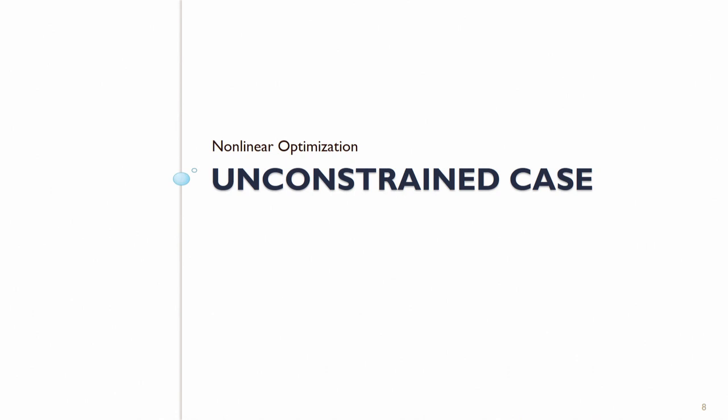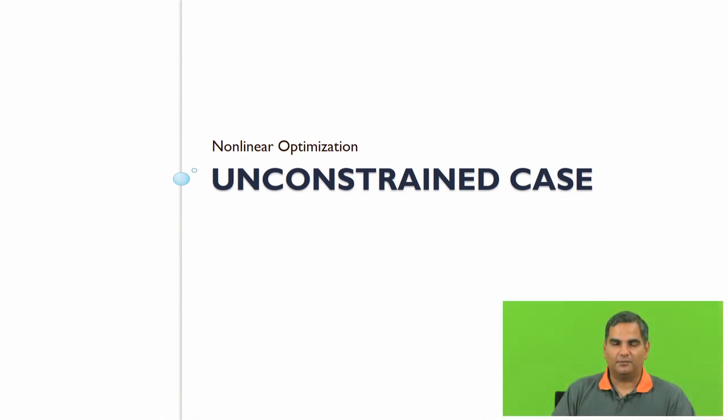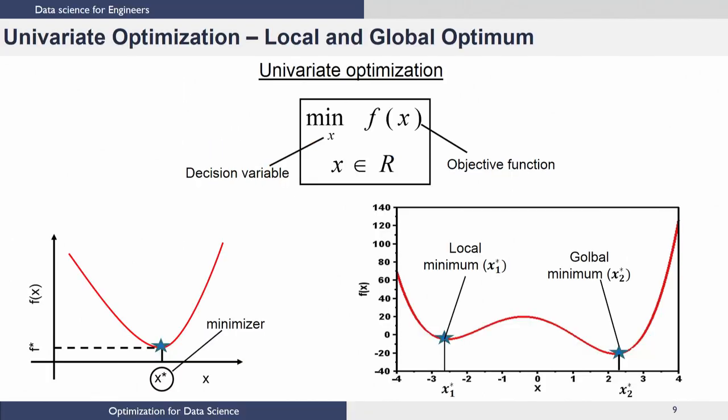So, I am going to start with the simple case of a nonlinear optimization problem, the unconstrained case, that is, there are no constraints. Let us start with a very simple unconstrained optimization problem called a univariate optimization problem.